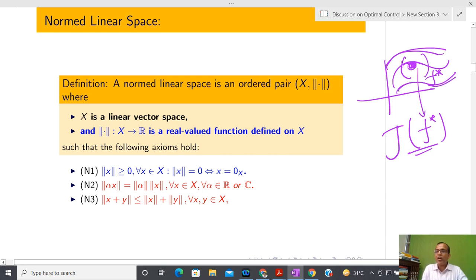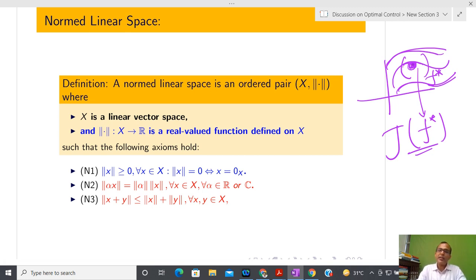In order to define the neighbor or closeness, I require some notion of distance. It is possible to show that with the help of a norm, I can define the notion of distance. If you see the vector space, inside a vector space there is no notion of distance. But why is vector space important?